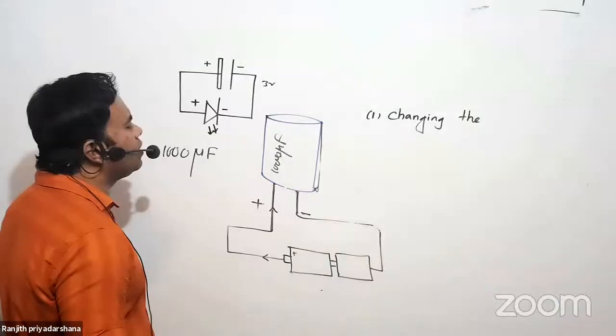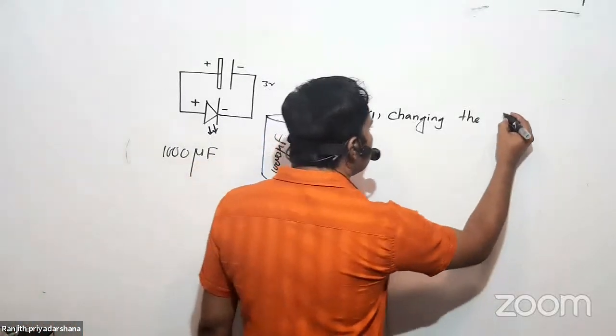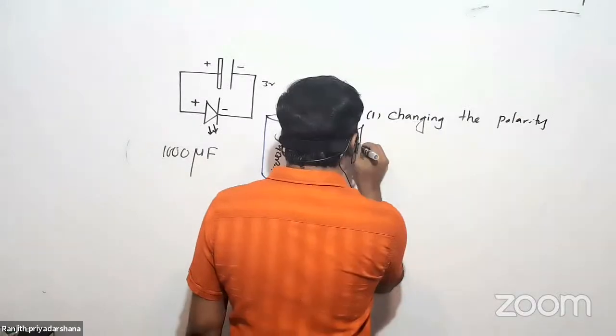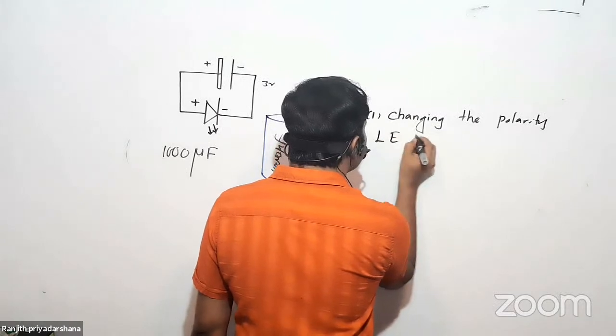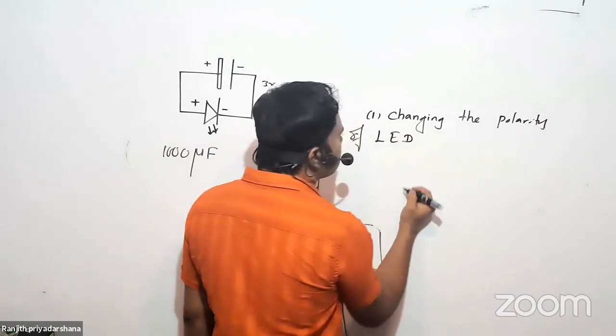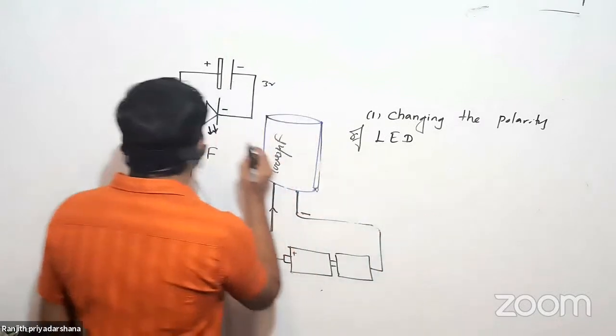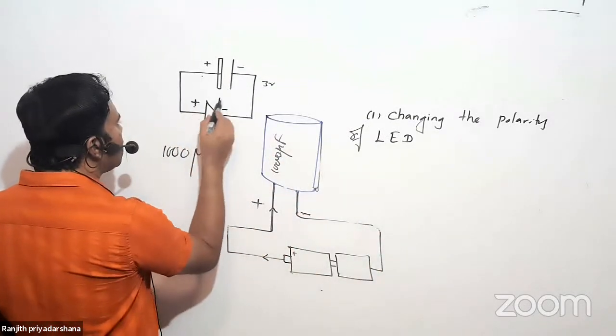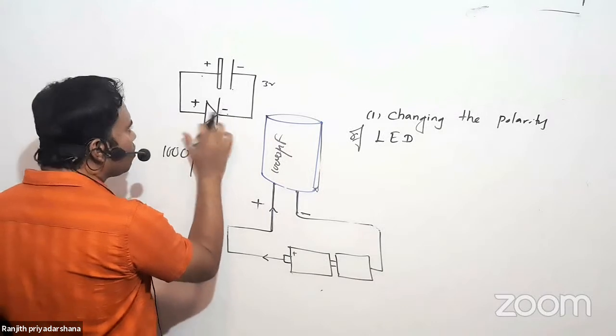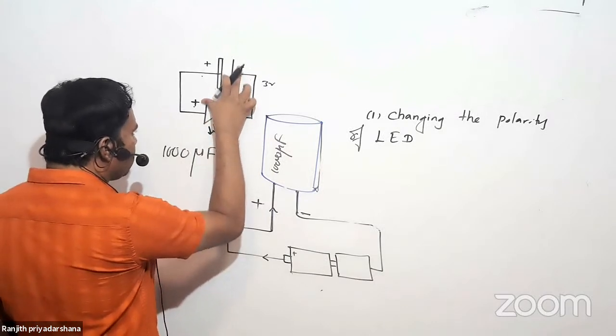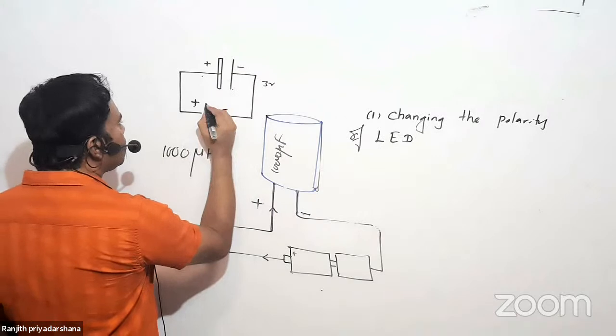Okay. One reason is a change in the polarity of the LED. Son, if it is not positive to positive and negative to negative, it won't light up. It would be like this, positive to negative.